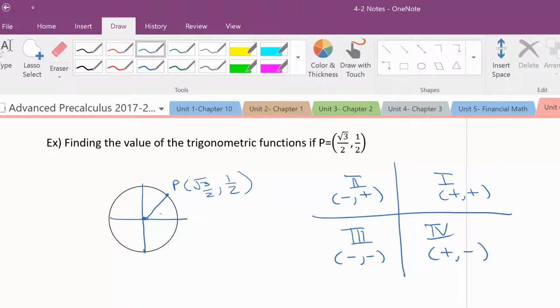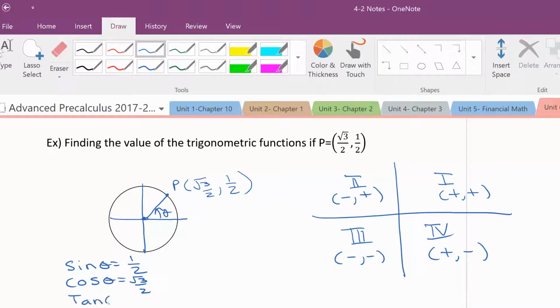So here we're trying to find the 6 trigonometric values. We'll call that angle theta. So sine theta is just the y coordinate, so it's 1/2. Cosine theta is the x coordinate, √3/2.